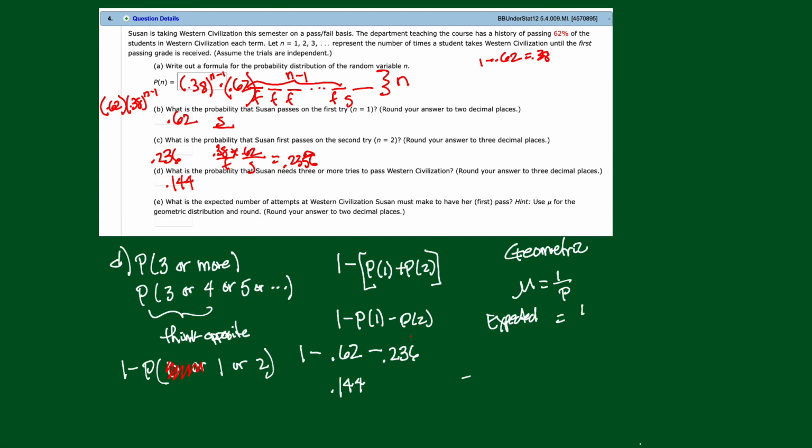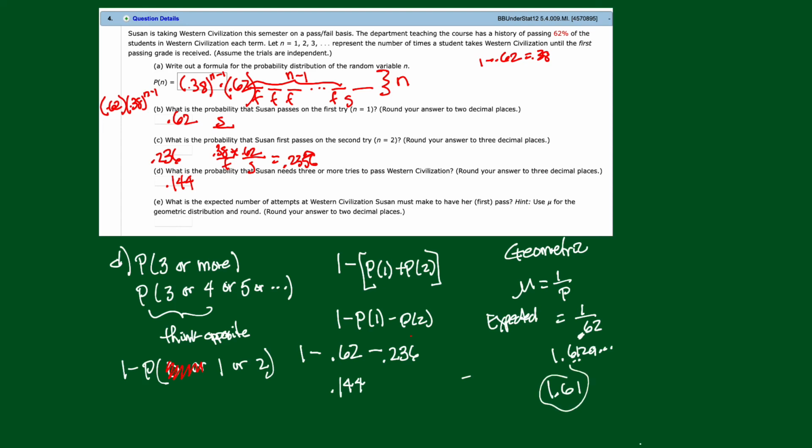So for us, it's going to be 1 over 0.62. So 1 divided by 0.62 gives me 1.6129 dot, dot, dot. It says 2 decimal places, so how about 1.61? I'll go with that one.